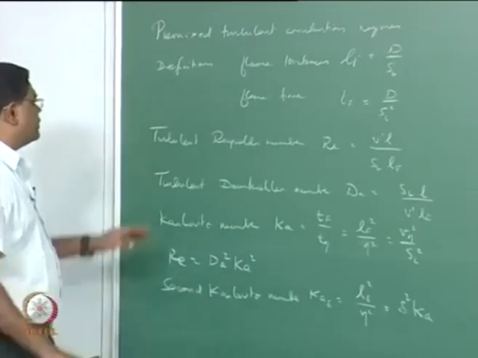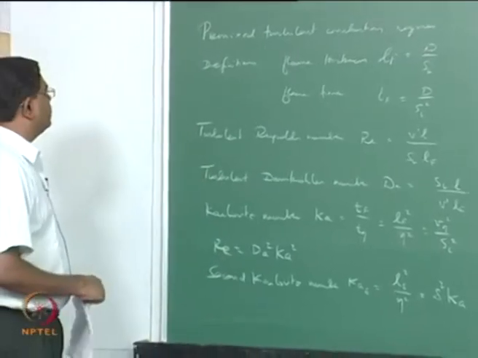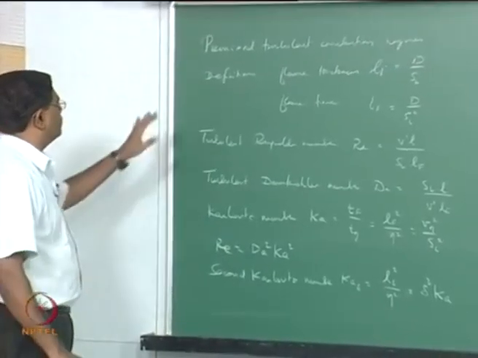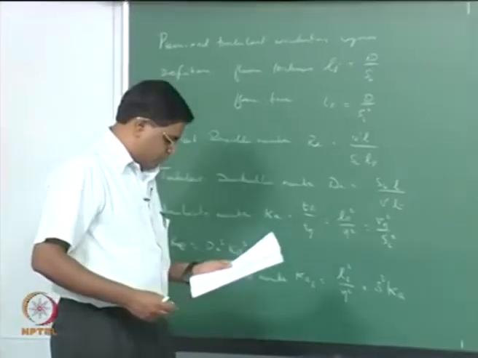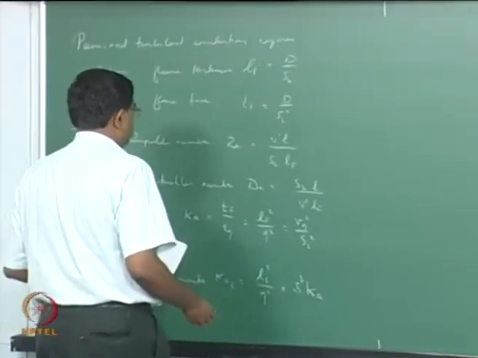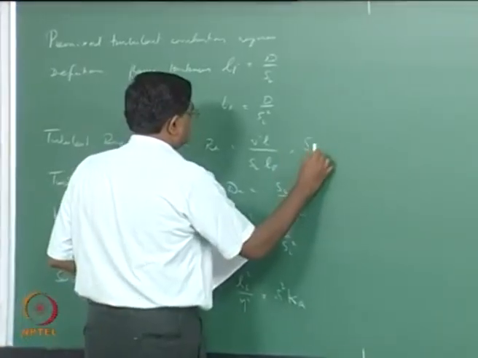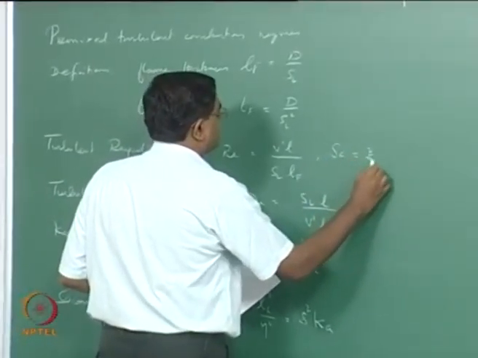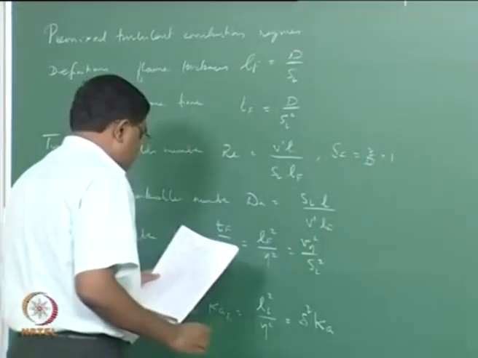So we have these definitions for pursuing the idea of a regime diagram for premixed turbulent flames. Of course, in this process we have assumed somewhere along here that the Schmidt number equals 1.